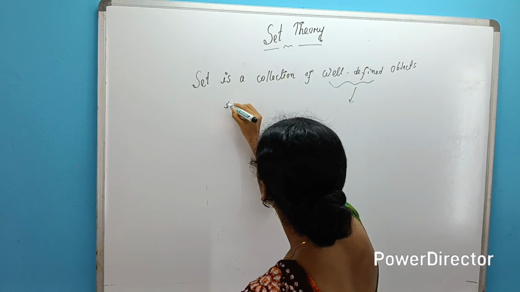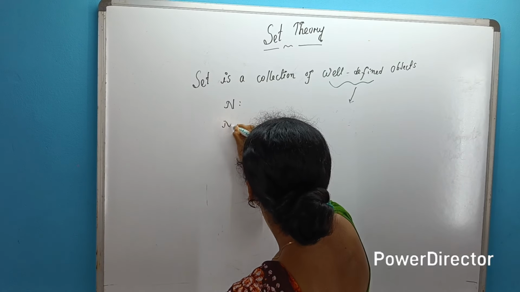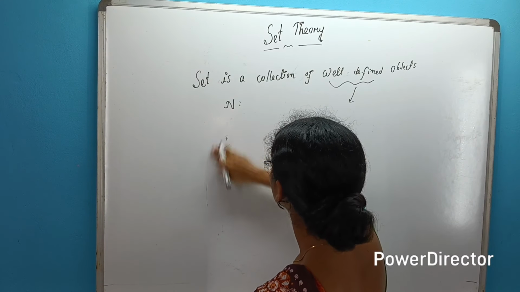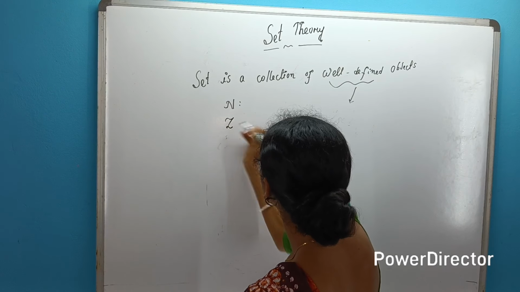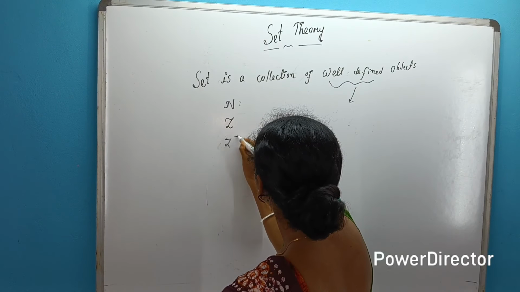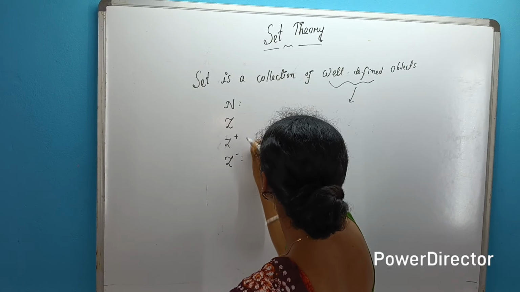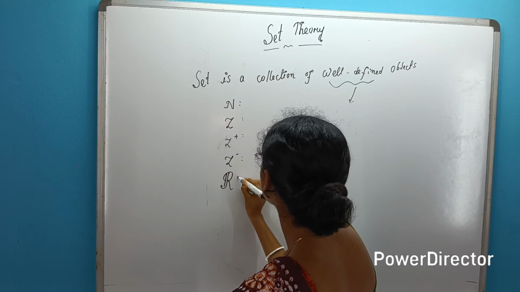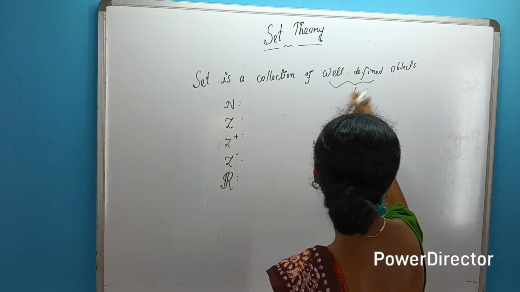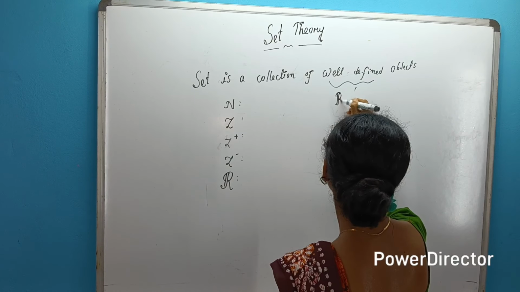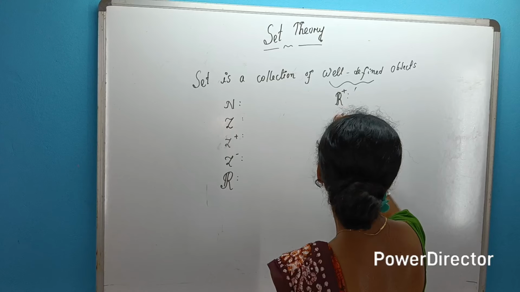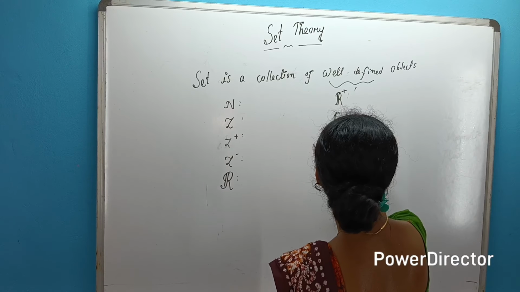Like N, N plus, then Z, Z plus, Z minus, R, R plus, C.